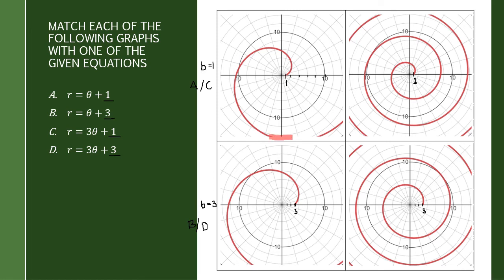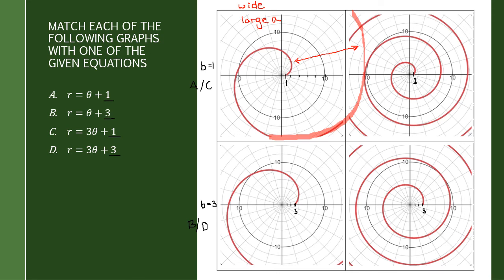So if I were to follow this around, just kind of eyeballing the pattern here, looks like it goes something like that. So the width of my spiral would be from here to here.